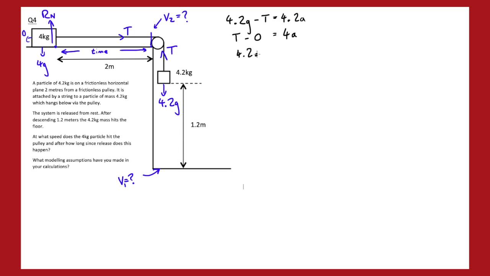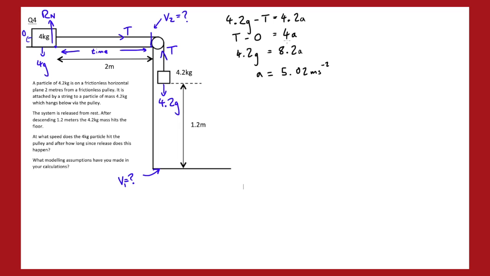We have 4.2G equals 8.2A. And this gives us a value, when we divide 4.2G by 8.2, an acceleration value of 5.02. Okay, I'm just going to put that in a box.